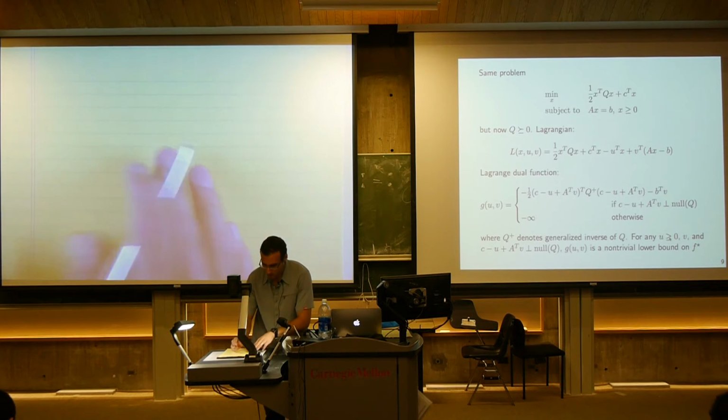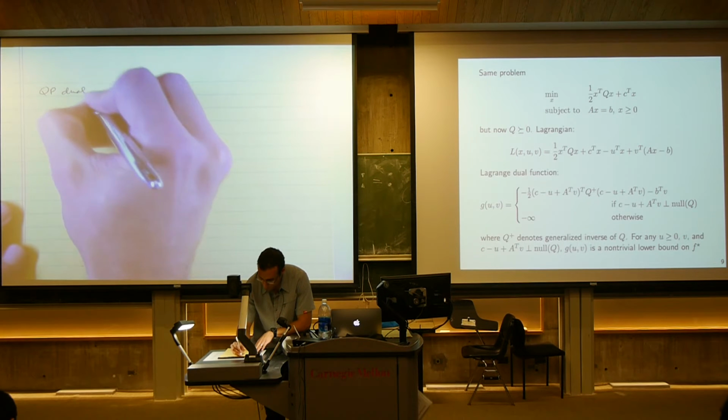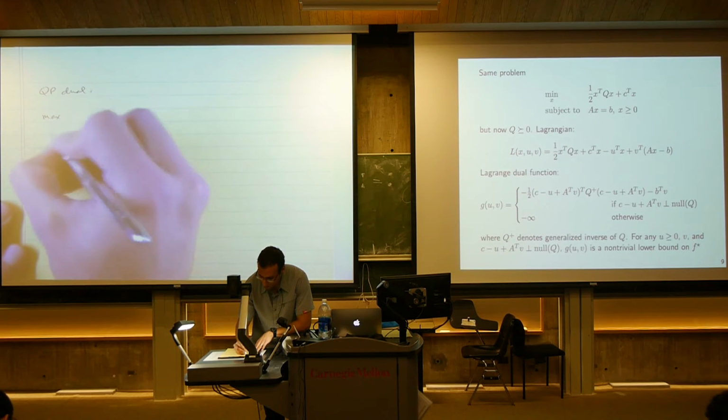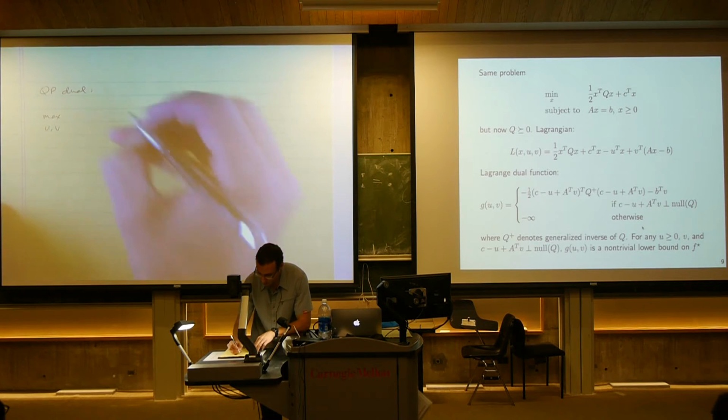So if we continue on with the QP dual, it's to maximize over all u and v this function. But this function is negative infinity unless we have an equality constraint holding. So actually, we have an equality constraint in the dual.